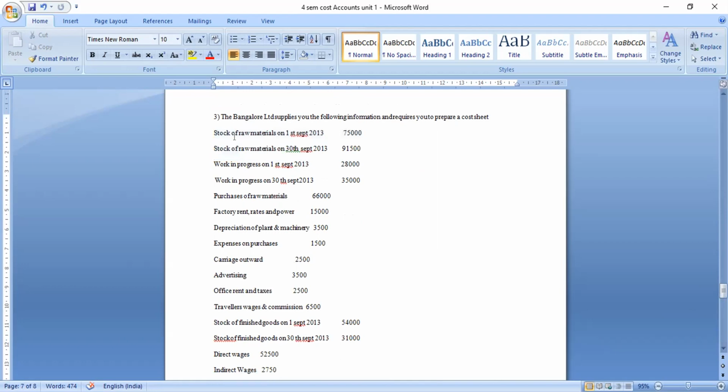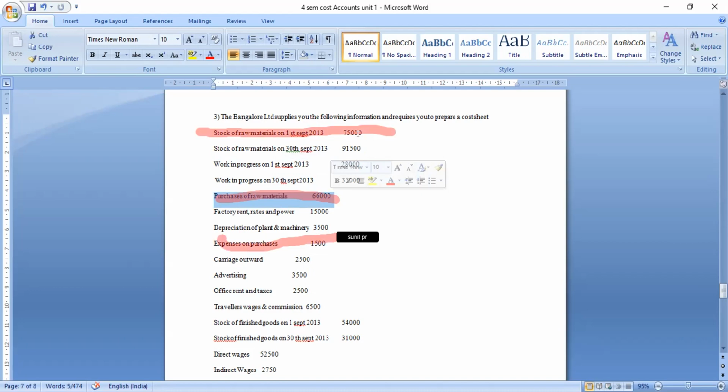First see how much there is: opening stock of raw materials 75,000, closing stock of raw materials 91,500. Along with this, what should be added? With the opening stock, you will take purchases of raw materials. To the opening stock, add purchases, and along with that, add expenses on purchases.